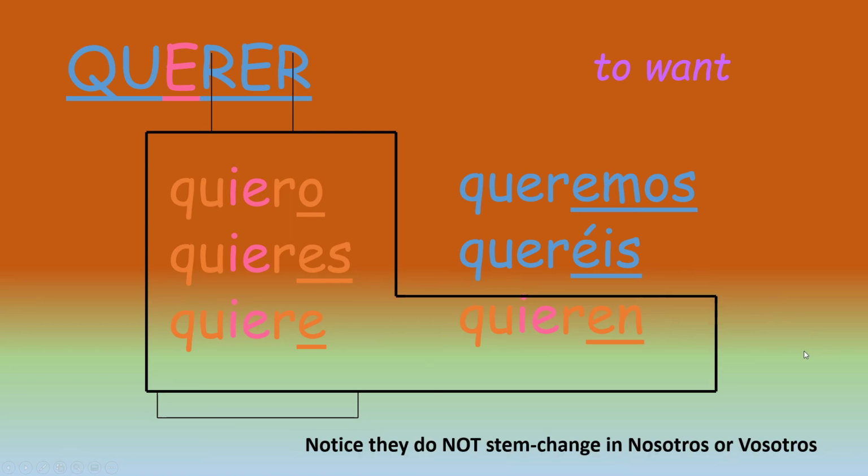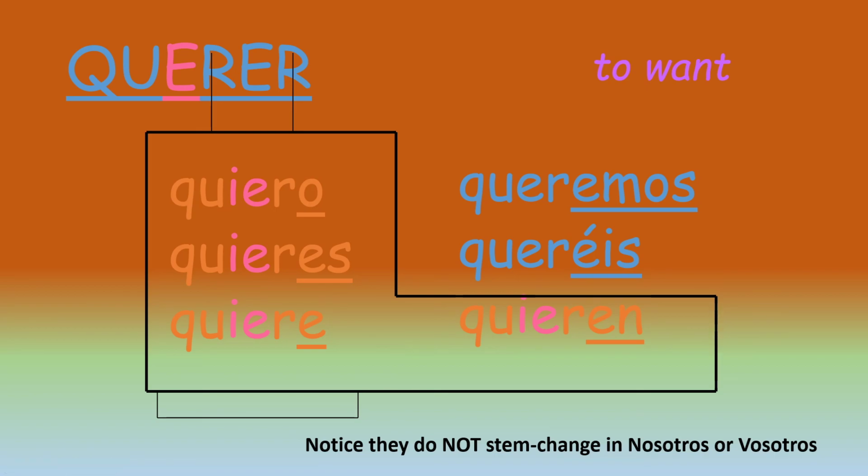All right? They want, quieren, back inside the boot. E to IE, regular ER verb, ER ending. Okay, again, remember, everything except for nosotros and vosotros will stem change. If you're visual, use your visual clue as a boot. Everything inside the boot changes, outside does not.